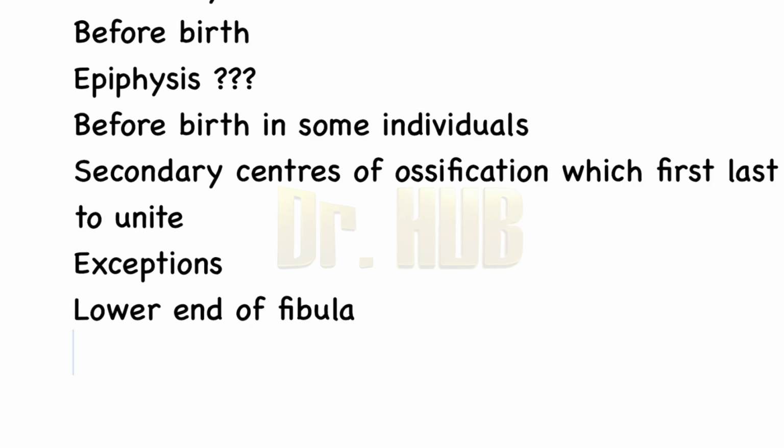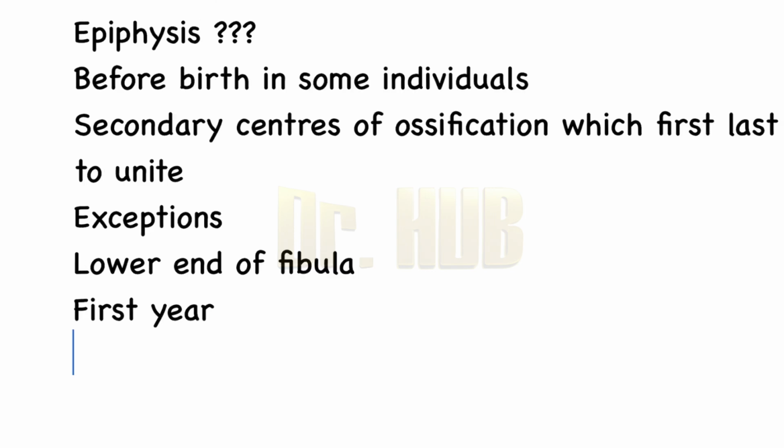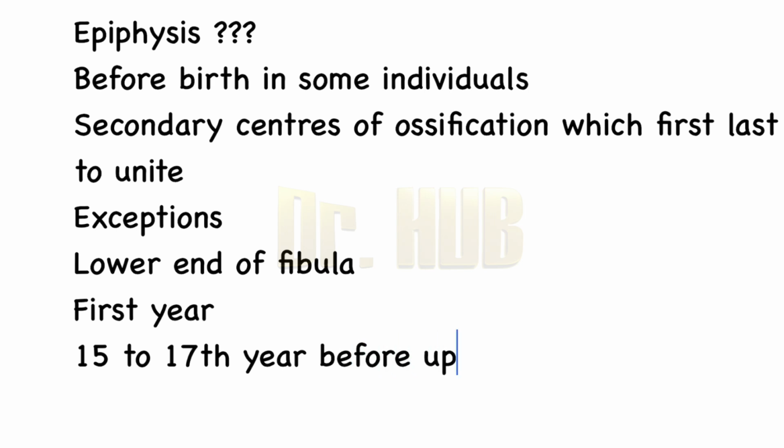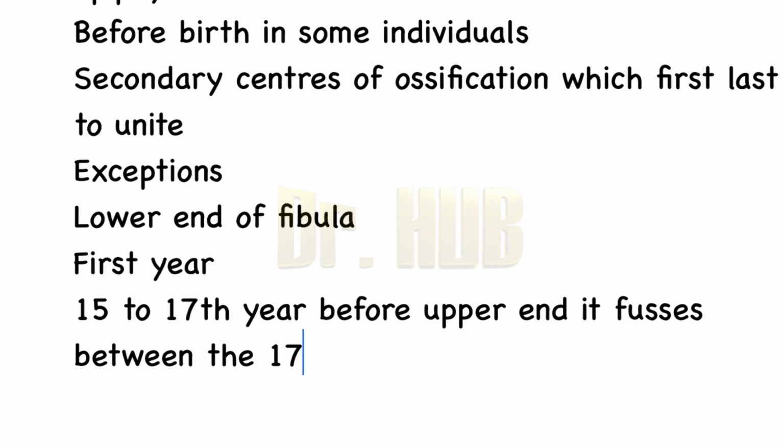The secondary center at the lower end of the fibula appears during the first year, before the upper end, which appears in the third or fourth year. But it fuses between the 15th and 17th year, before the upper end, which fuses between the 17th and 19th year.